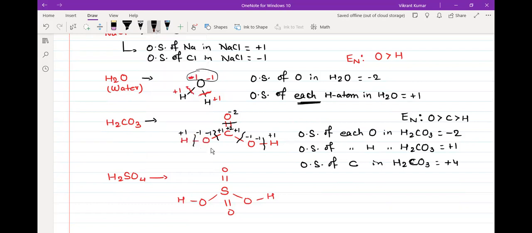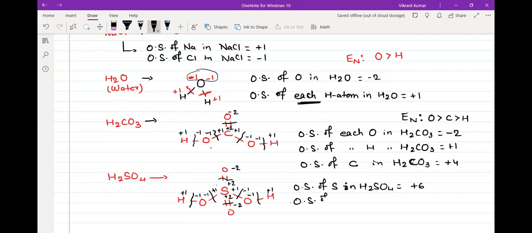If we break this one, this will get +1, -1, -1, +1, -1. If I'm breaking all these bonds, this will get -2, this will get +2, this will get -1, this will get +1, this will get -2, this will get +2, and this will get -1. This will get +1 from here, right? So that's why we'll say the oxidation state of S in H2SO4 is +6.